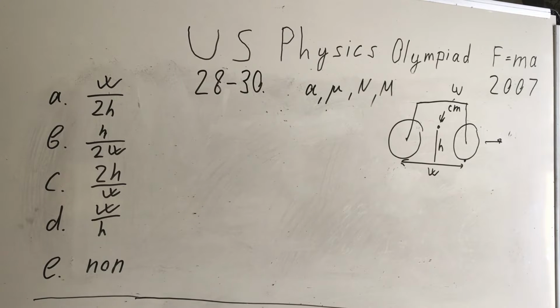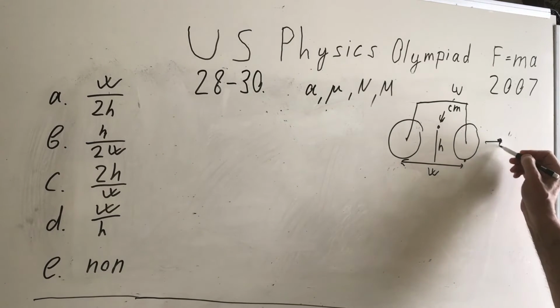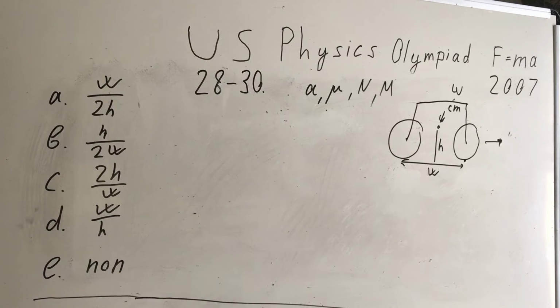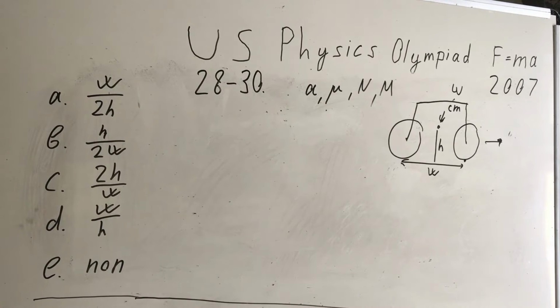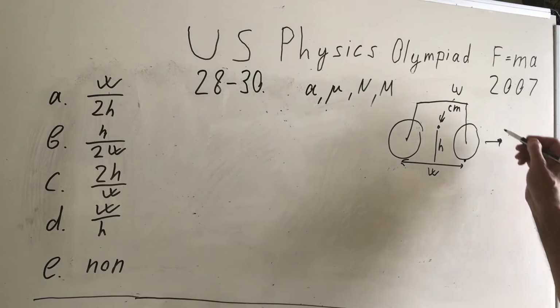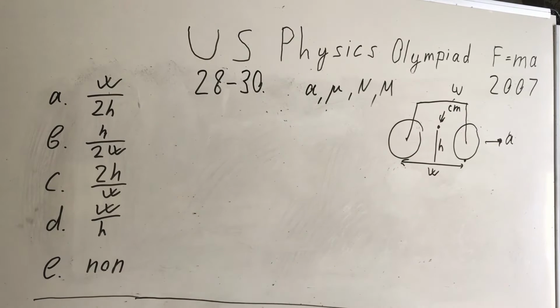So if we have this situation that both tires contact the ground and the acceleration is a, the easiest way to solve this problem is to go to the frame of reference of this bicycle. If we have a deceleration to the left, in this frame we have effective gravity field a to the right.